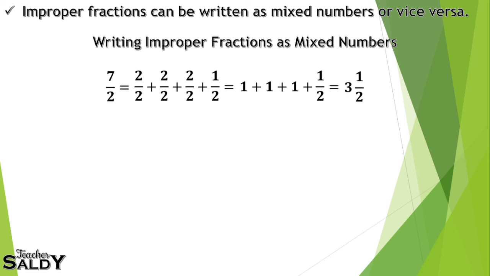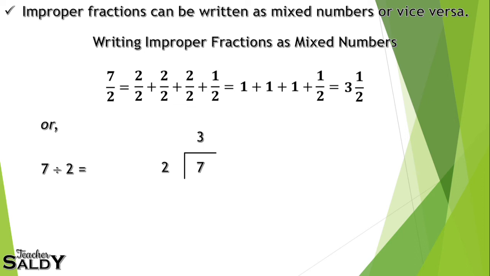In other references, we have 7 divided by 2, since a fraction is division. So 7 divided by 2, the nearest quotient we can get is 3.